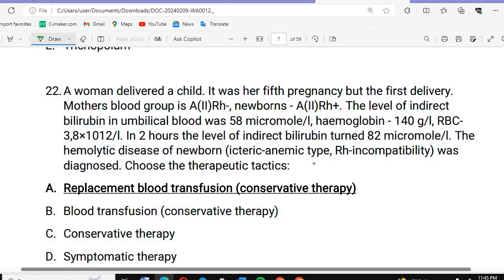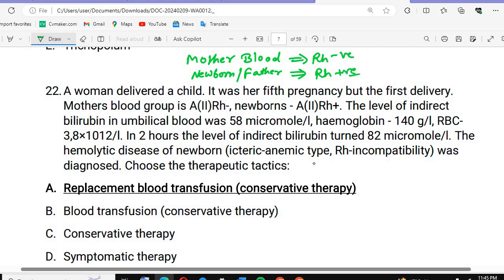See, if the mother's blood is Rh negative, and if the newborn or the father is Rh positive, then there will be the case of Rh incompatibility.